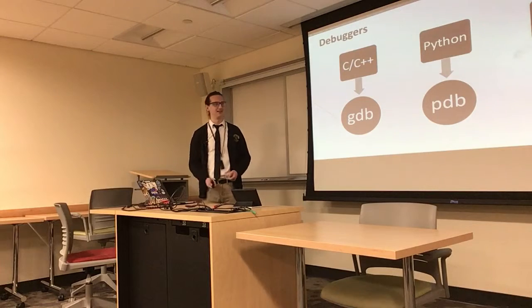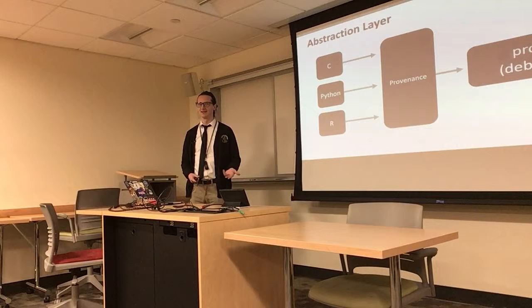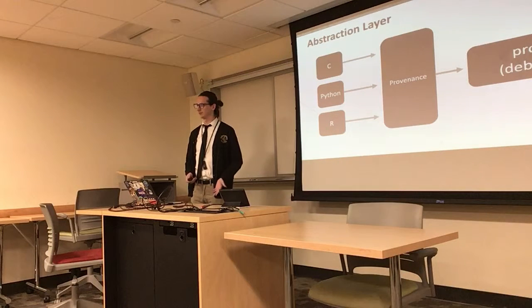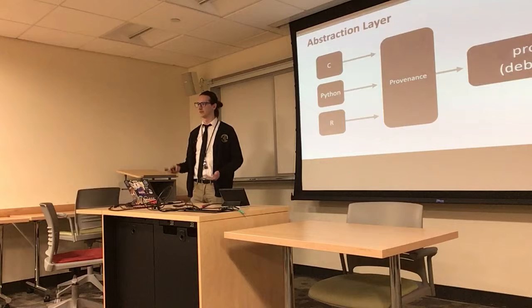So I believe that abstraction layer is provenance. So I wrote a debugger called ProvDB that uses provenance as an abstraction layer between different languages. So if you run a program or a script and you have provenance collected from that execution, you can use a single debugger, no matter what the language is, to debug that script, find errors, see what's going on with your variables, see where the flow of control is going.